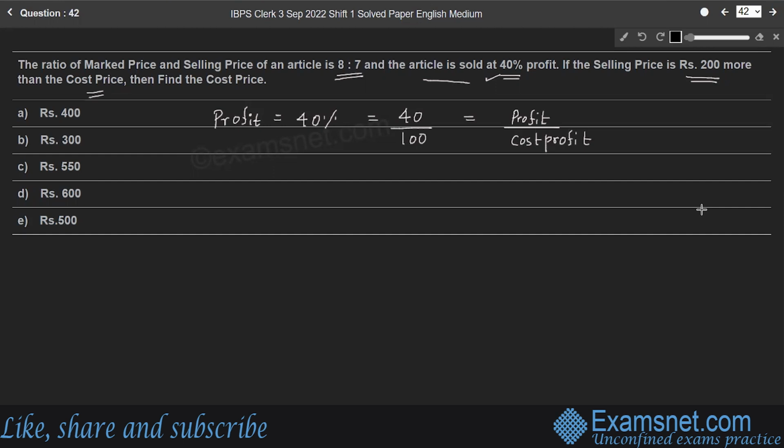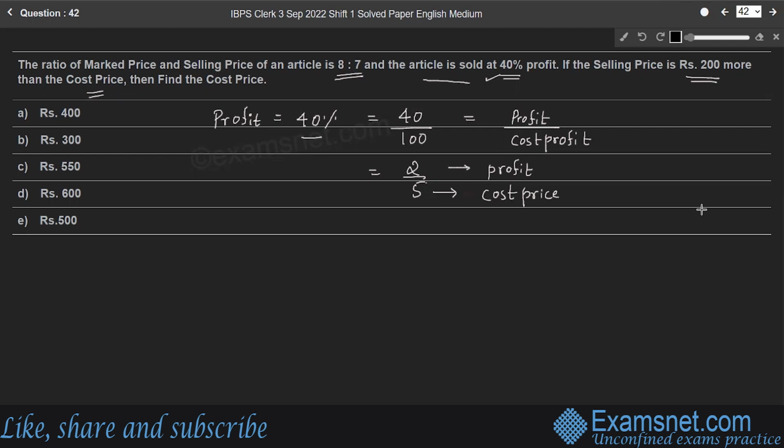So 40 by 100 can be written as 2 by 5, that is 20 into 2 by 20 into 5. So 2 by 5 means for 5 units of cost price, 2 units is the profit. Therefore, profit percentage is 40%.